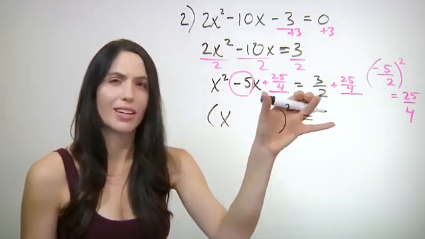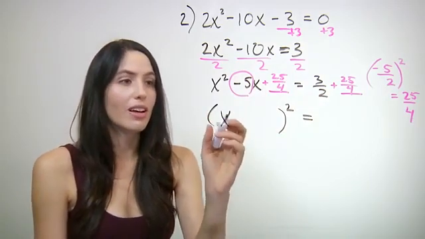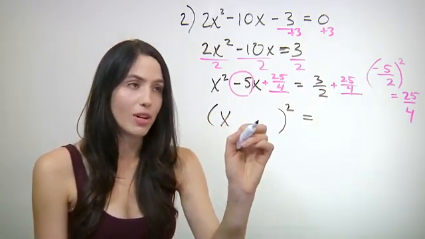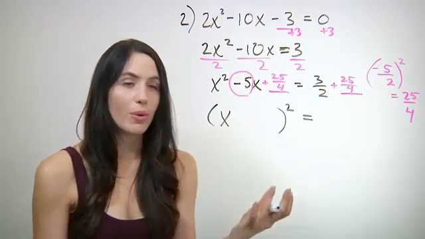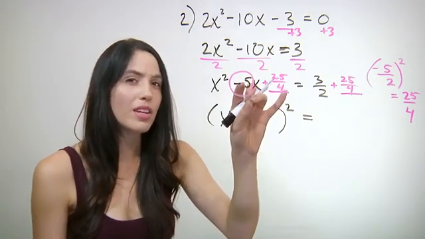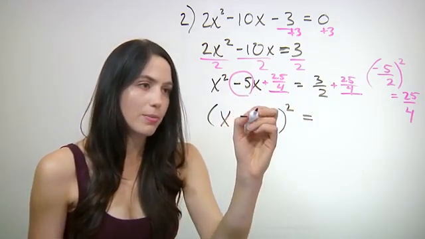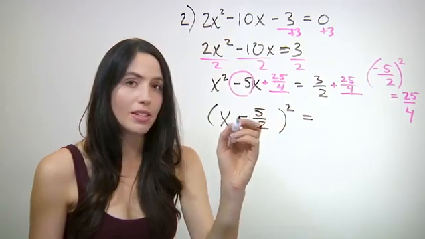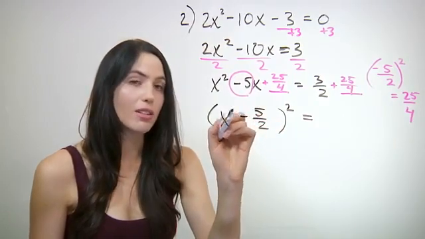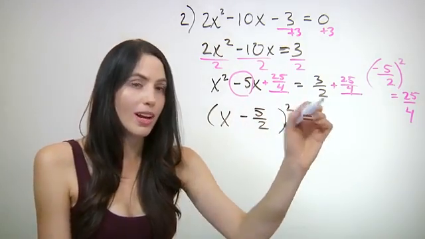That's the whole point of adding that number, so that on the left side, you can immediately write x and some number here squared. What number do you write? It's this coefficient over 2. So it's negative 5 over 2. And since it's negative, instead of addition, it's subtraction, x minus 5 over 2 squared equals the right-hand constant.